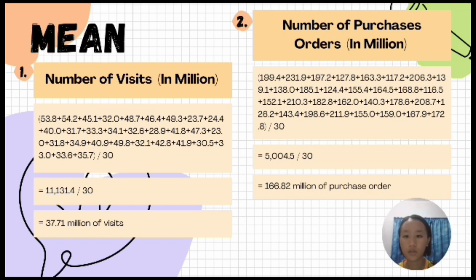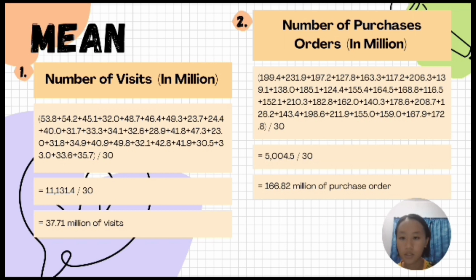So based on the data sample that has been given, we need to find two website metrics: first is traffic, the number of visits in millions, and the second one is conversion, the number of purchase orders measured in millions.